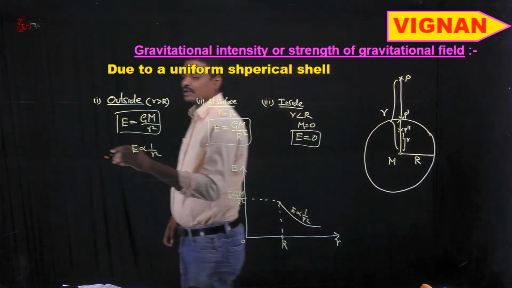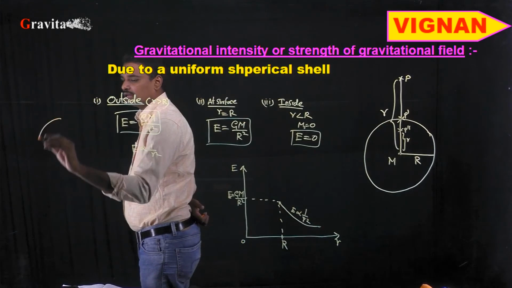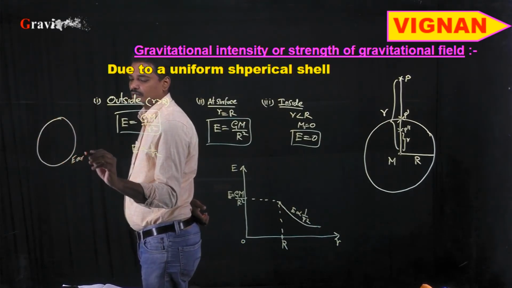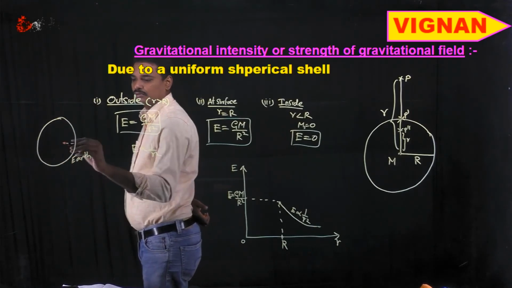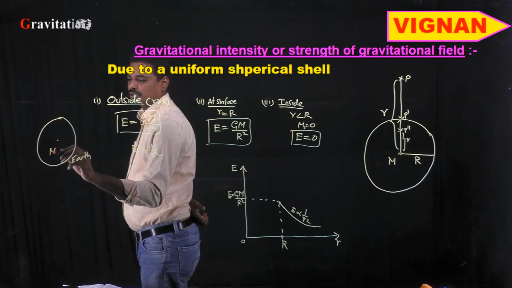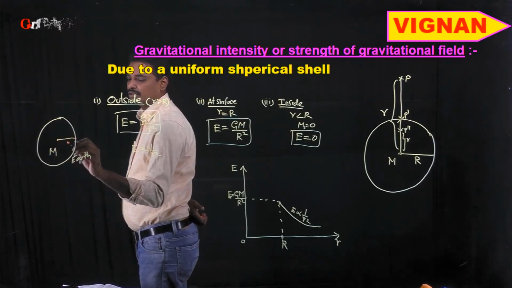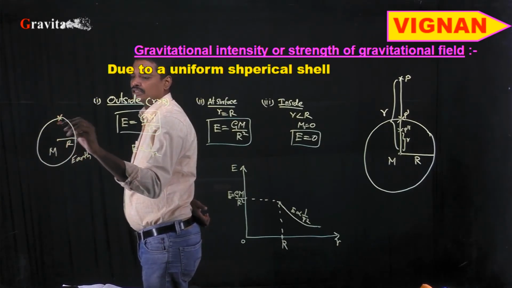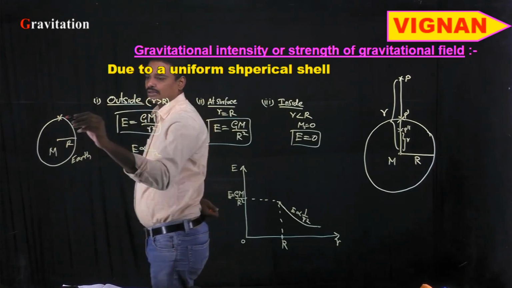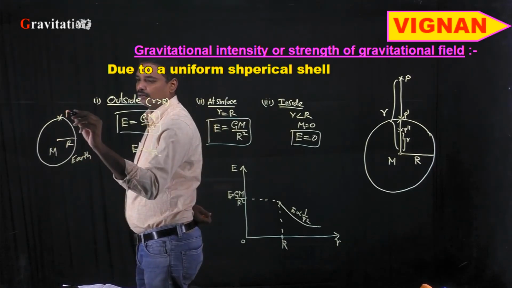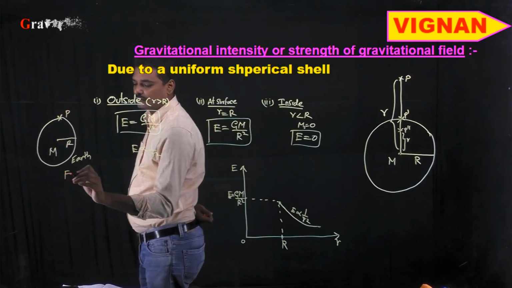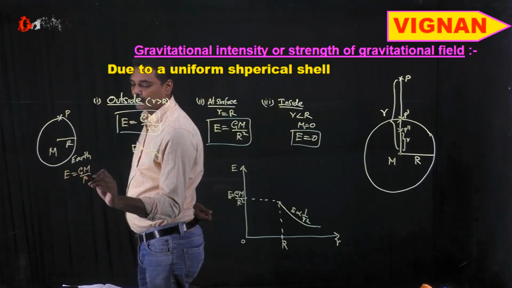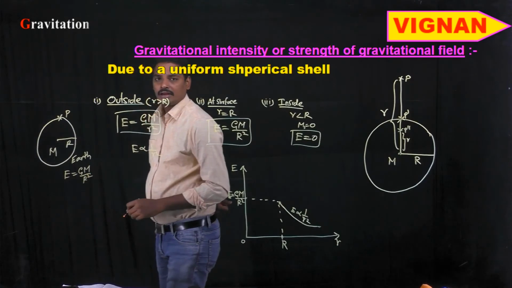Consider the earth whose mass is capital M and radius is R. At a point P on the surface of the planet, the intensity of the gravitational field will be E is equal to G capital M by R square, right?